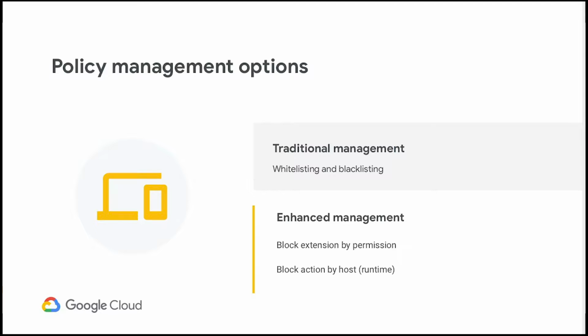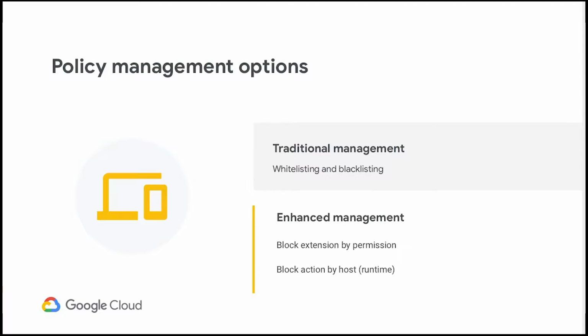And actually, as Nick will highlight later on in the session, it's something that Google traditionally used to manage internally through those traditional whitelists and blacklists. But we actually moved to an enhanced management style, which we'll highlight and provide some tips and tricks on how you can do it yourselves. But also, it's really managing by the behavior of the extension itself.